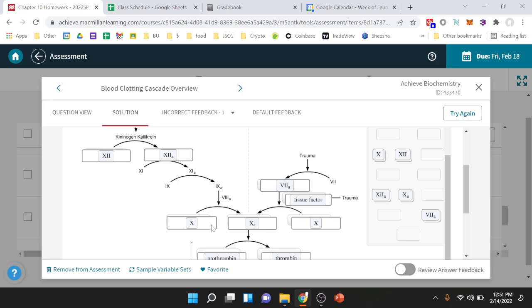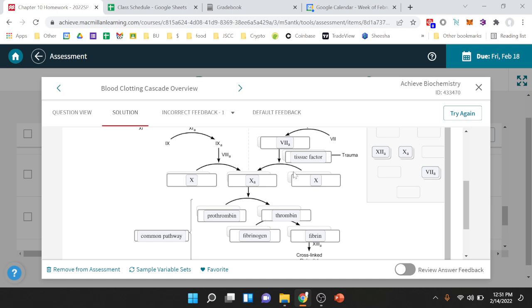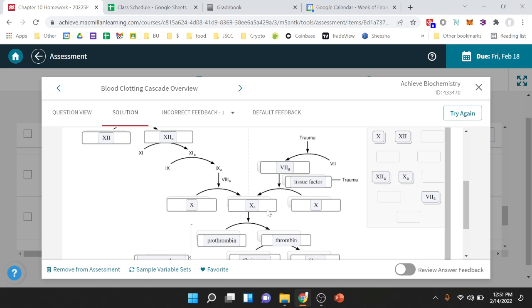I know, right? How wonderful. Okay, so now we have 10 activated. Thank goodness this finally goes into the common pathway, right? How do you remember it's the common pathway? It's the stuff that's in common, right? Everything's joined together. Extrinsic and intrinsic pathways are joined.